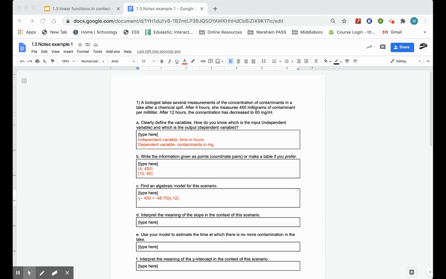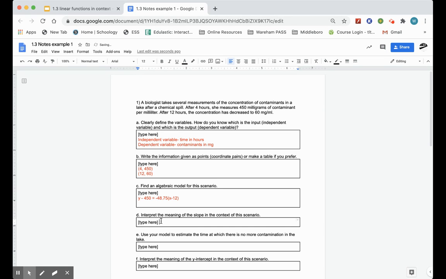And so the next thing, I'm going to write that in for part D, but to use our model to find out when there is no contaminants left, we're going to need to rewrite this in slope-intercept form and then solve for x when y is 0. So that's going to be a little bit of work over here on the right. So what I'm going to do is erase all this, and then we will actually interpret our meaning of our slope.